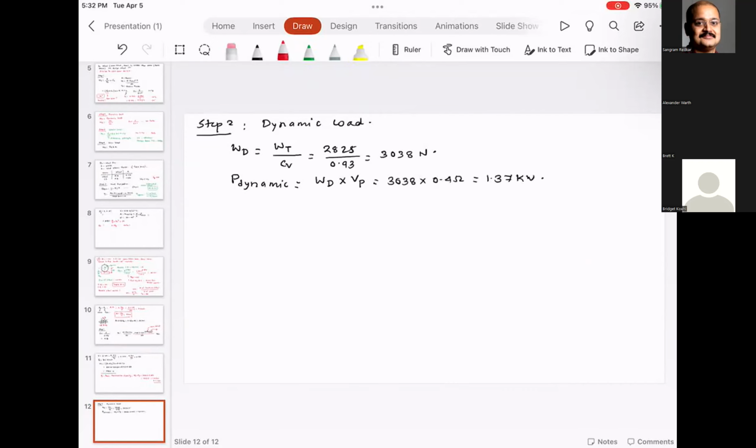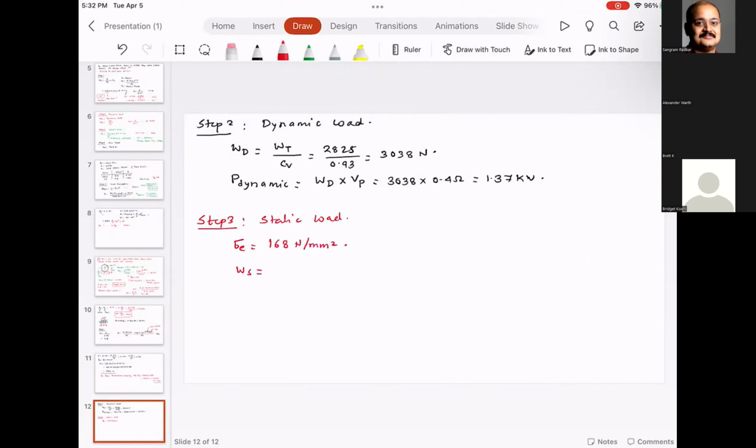Now we want to find out the static, step 3. So static load, and that sigma E is 168 Newton per millimeter square.